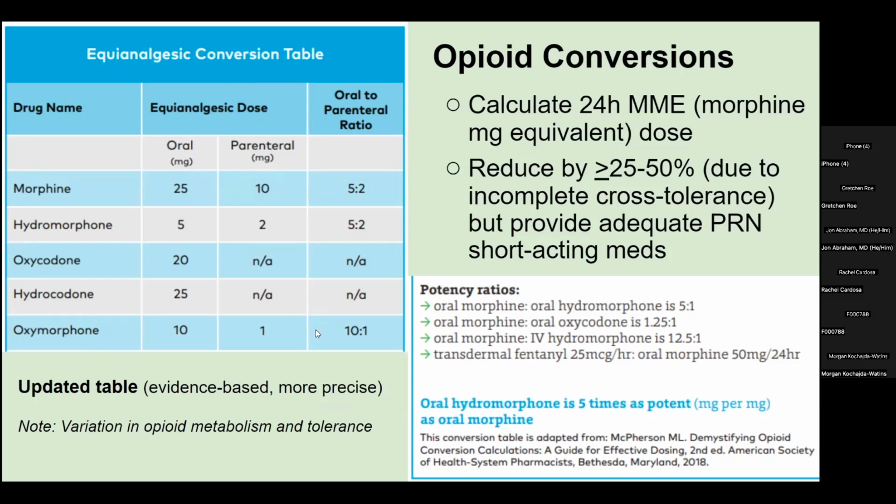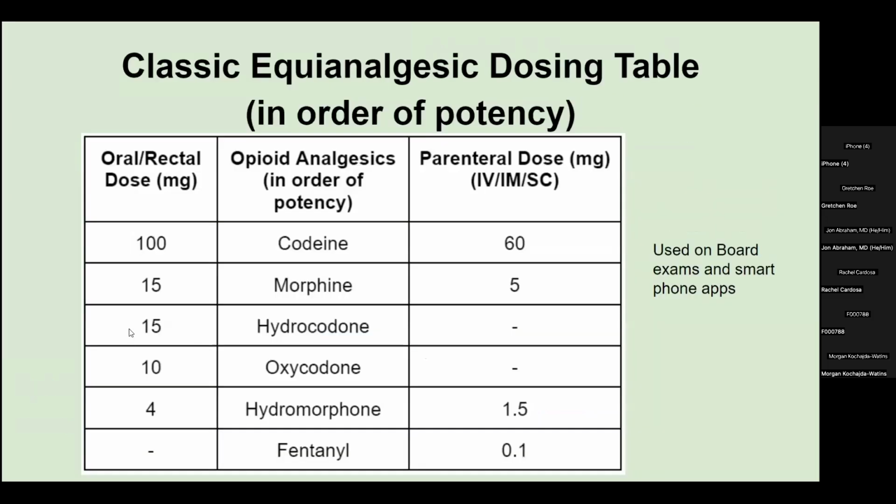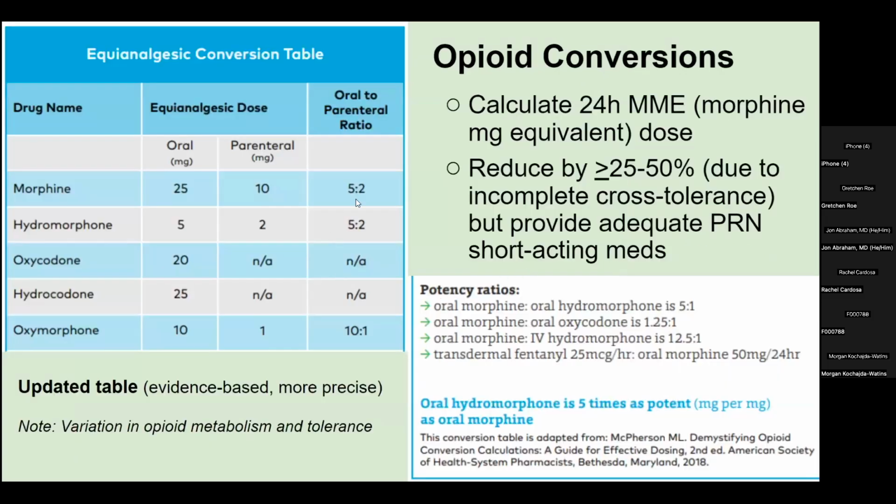Now, if you go back to the other table, it's about a 1-to-3 ratio, and she calculated 5-to-2, which is 1-to-2.5. So in other words, a milligram of IV morphine is like 2.5 milligrams of Roxanol, which is the liquid form of morphine. Hydromorphone, she also calculated at 5-to-2 between oral and IV.